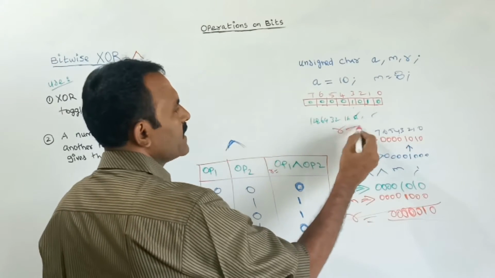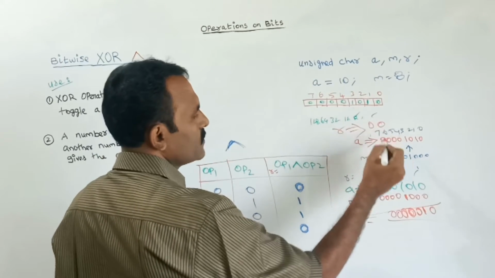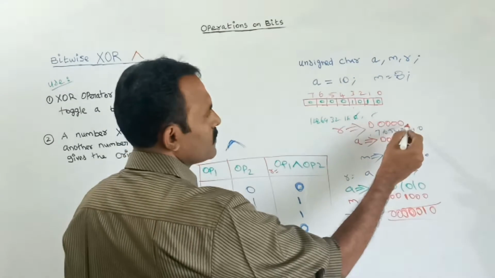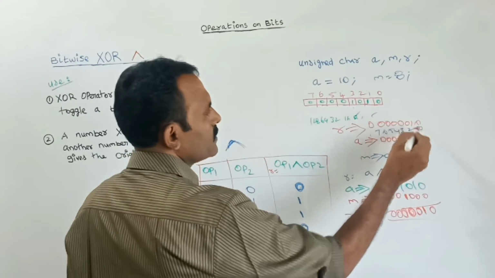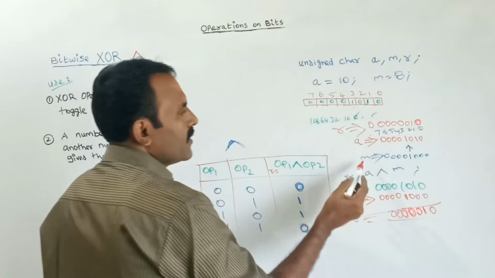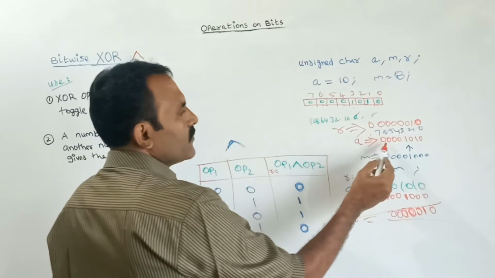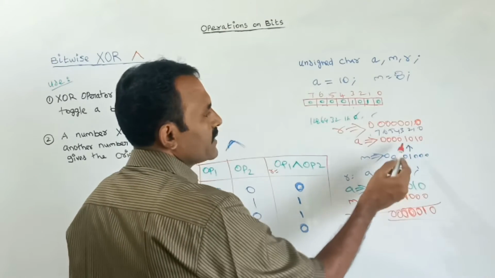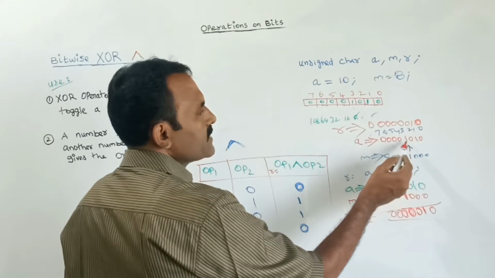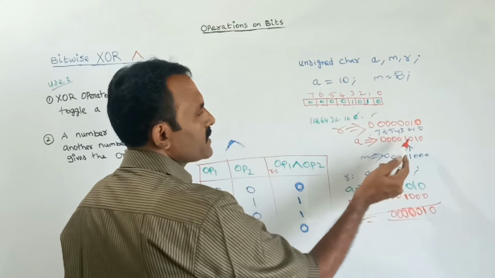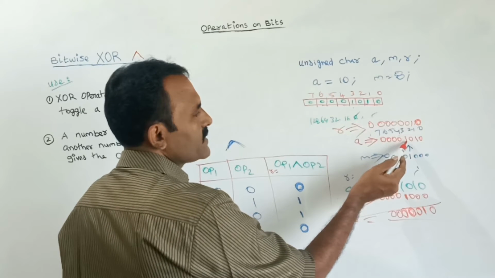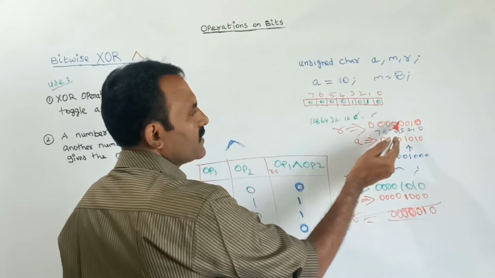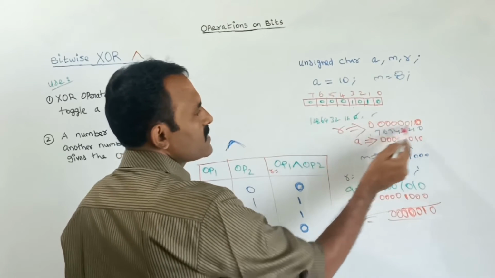What is the result here? 0 0 0 0 0 0 1 0. This A original value is 1010. Here I have changed the third position. Original value true, here I have changed to off, that is false. So this is the result.